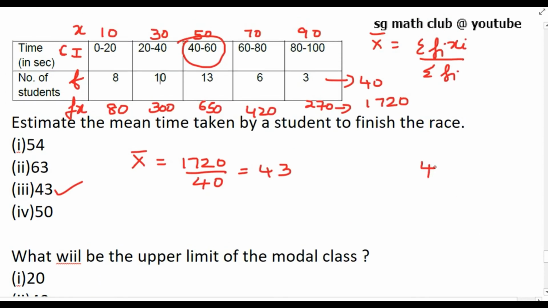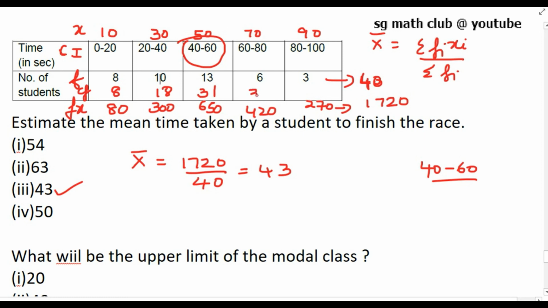And what is our median class? How will you find the median class? We take the total 40 divided by 2 is 20, and so we need to find the cumulative frequency. You add these, so the cumulative frequency is 8, 18, 31.